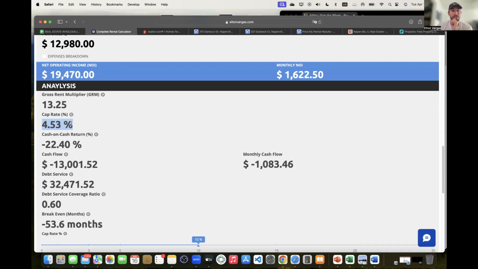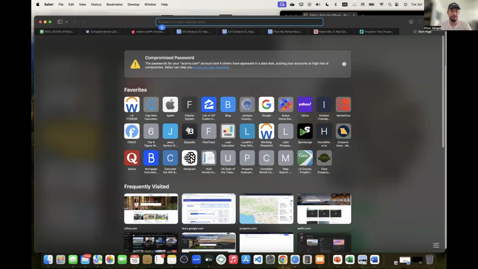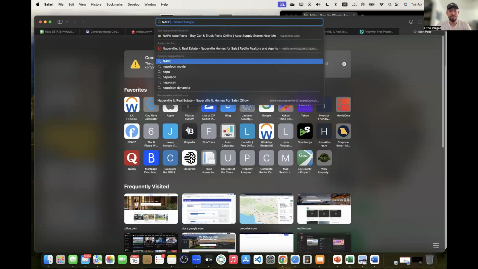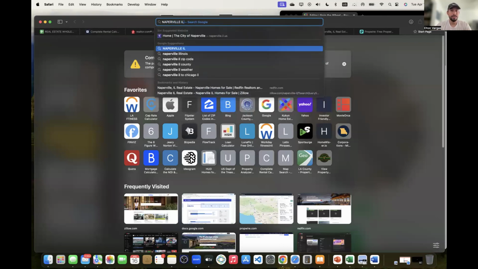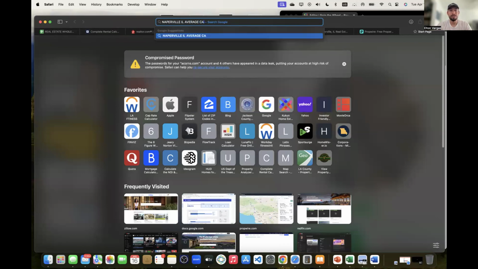So I don't know what the average cap rate on properties is in Naperville, Illinois, but I can find out in a matter of seconds by simply typing Naperville, Illinois average cap rates.